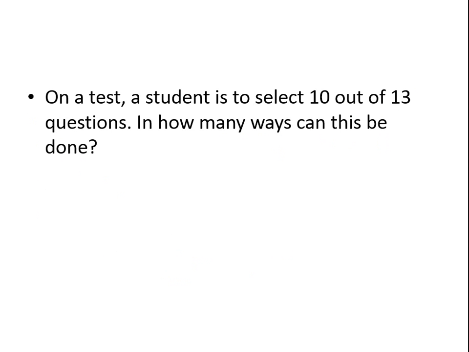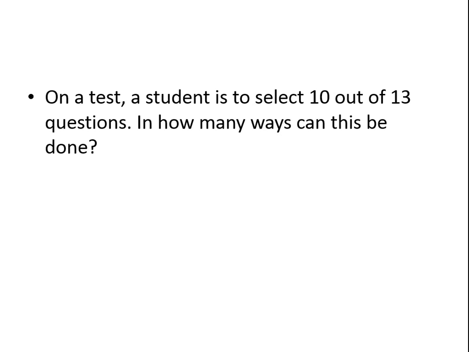So on a test, the student is to select 10 out of the 13 questions. How many ways can this be done? With this problem, the order doesn't matter, because if I decide to answer numbers 1 through 10, it doesn't matter if I did number 10 first or number 8 first. I still answered 1 through 10.